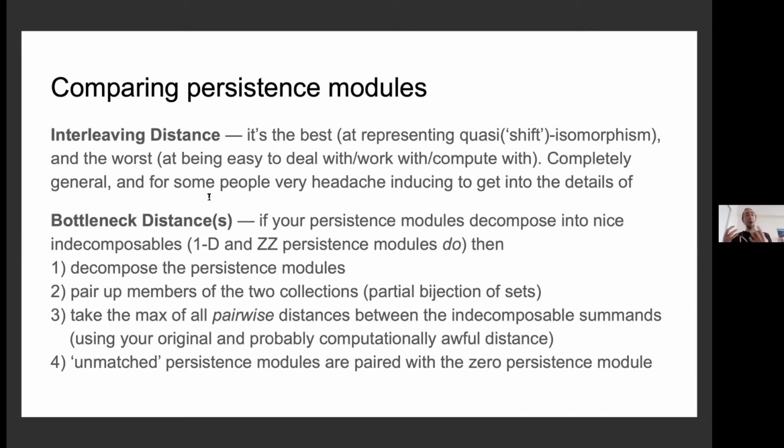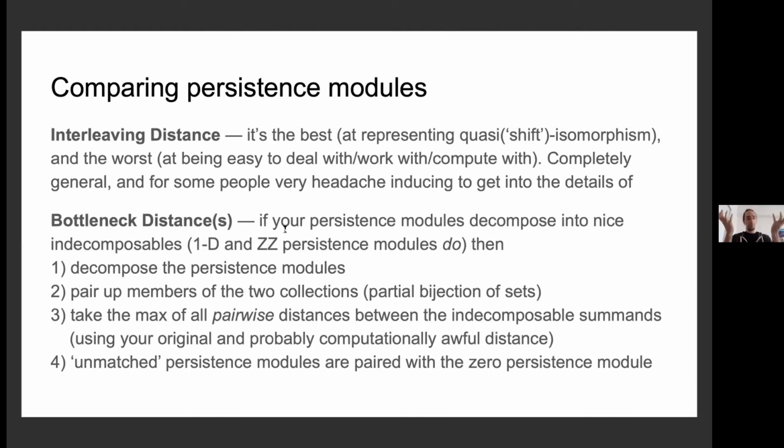So a really popular alternative has been this idea of a bottleneck distance. And I say a bottleneck distance because bottleneck distances always come from some other distance. What you do is you have your persistence modules, and if they decompose nicely, and all the things that we're going to be looking at do, 1D persistence modules and zigzag persistence modules both decompose into interval type objects.